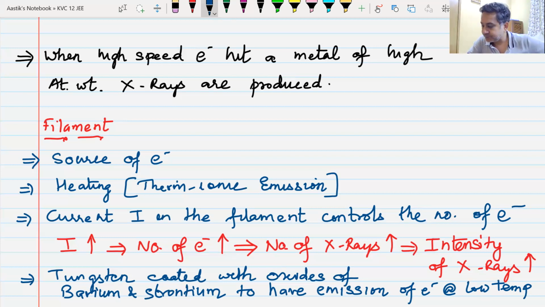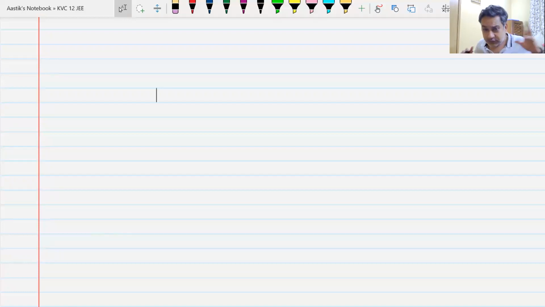Filament. What is the next element that we must talk about? Not the target. Let us talk about what accelerates the electrons: potential difference, voltage.